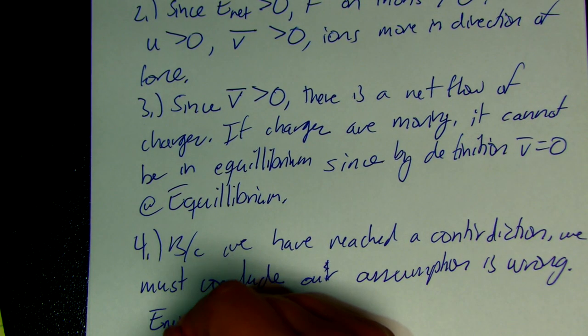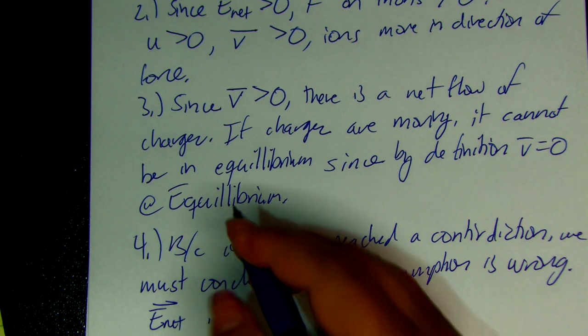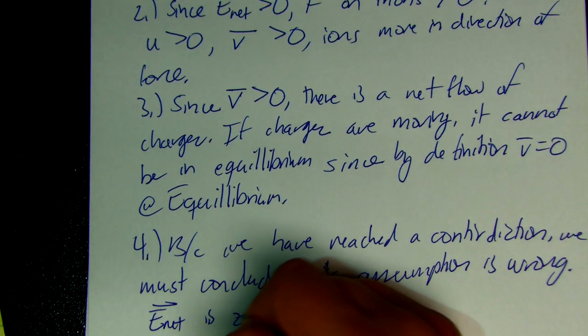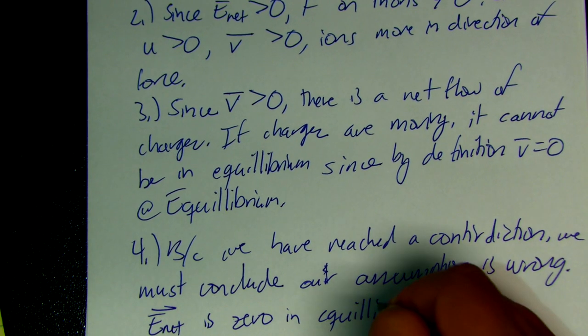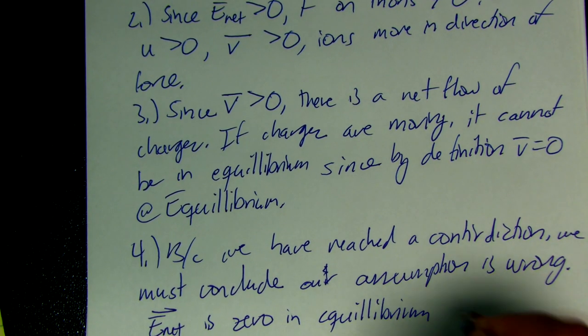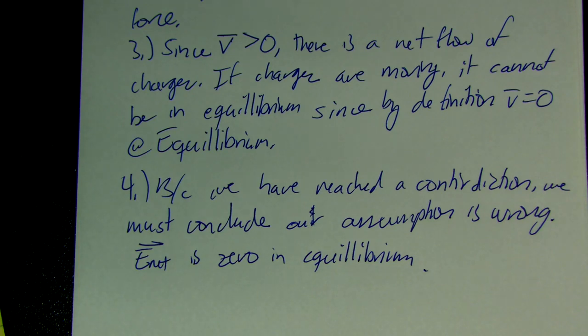E net is 0 in equilibrium. Right, and there you have it.